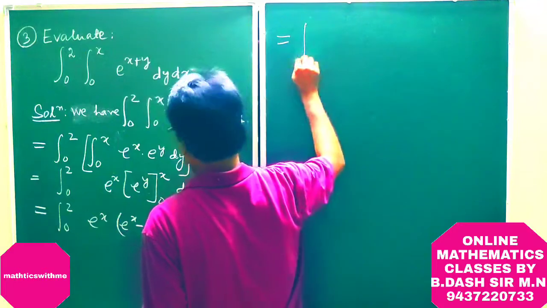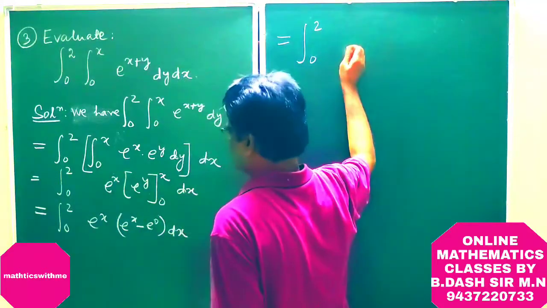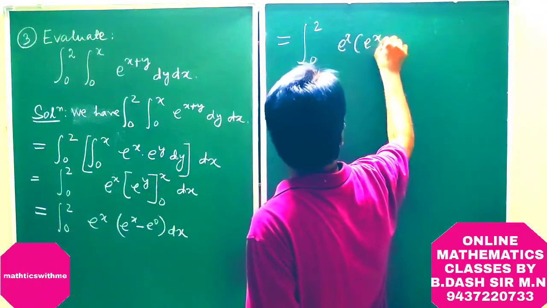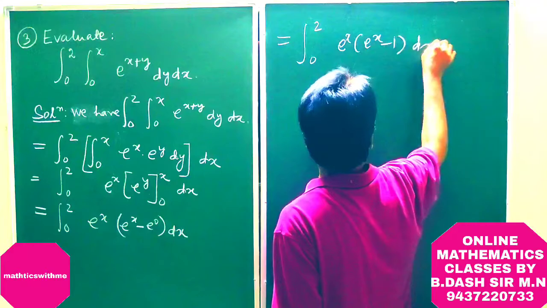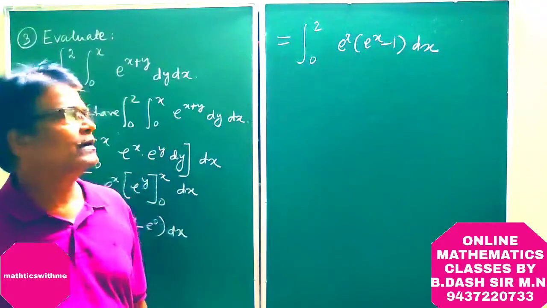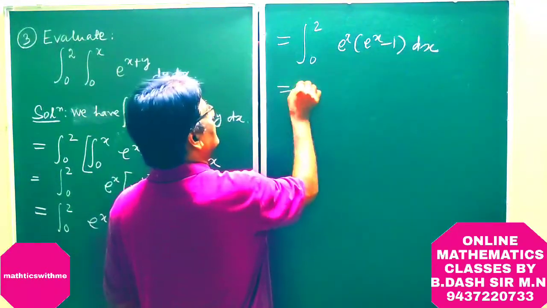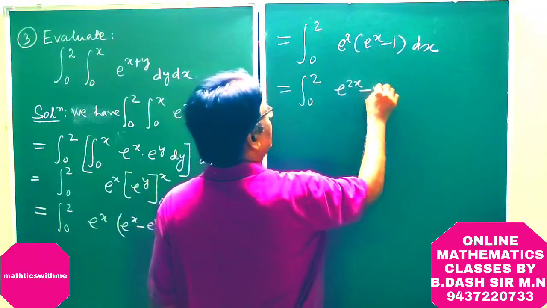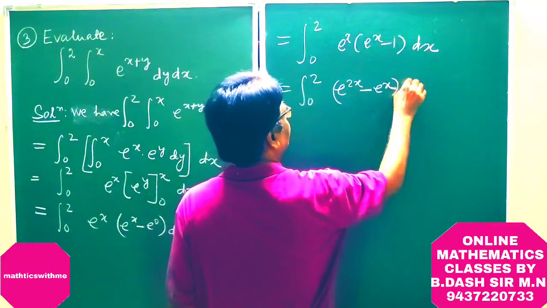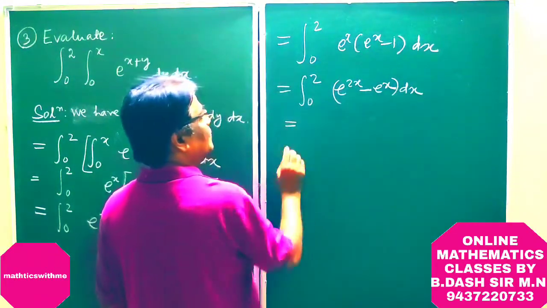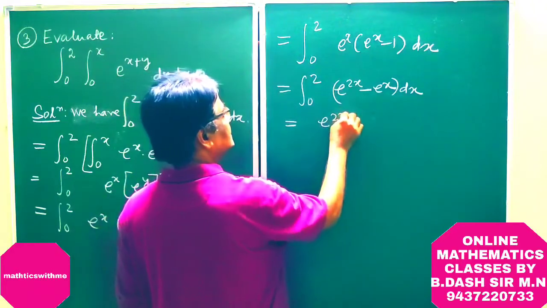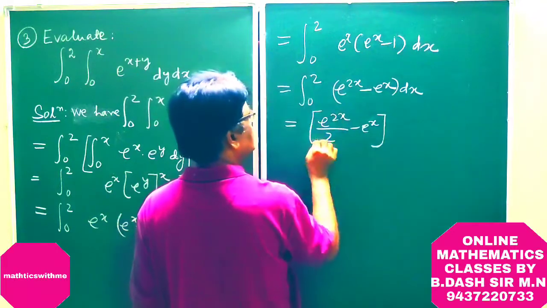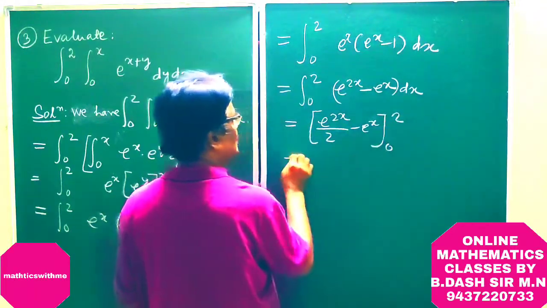This is equal to integration 0 to 2 of e to the power x into (e to the power x minus 1) dx, because e to the power 0 is 1. So this is integration from 0 to 2 of e to the power 2x minus e to the power x dx. Now integrating, this is e to the power 2x by 2 minus e to the power x, limiting value 0 to 2.